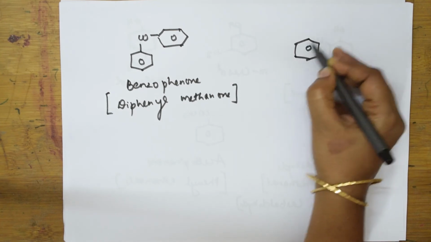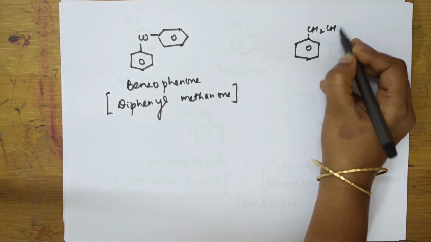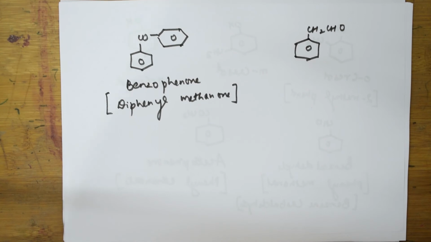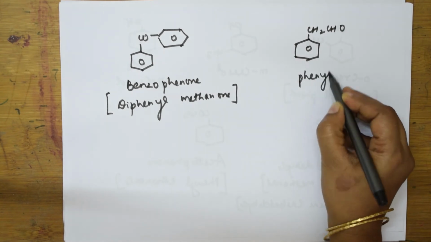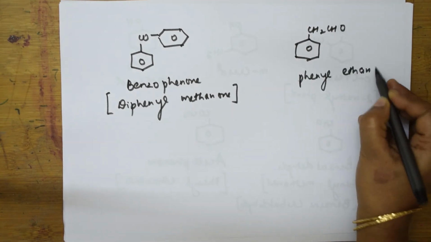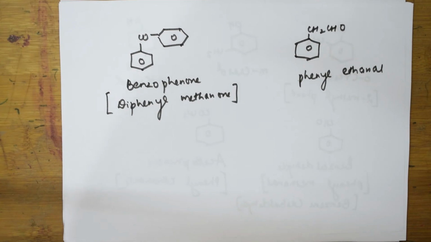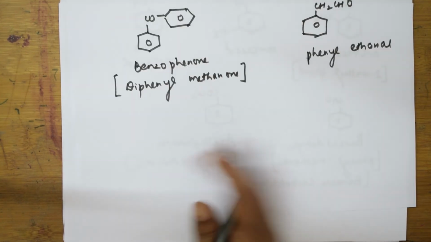Suppose I have a group like this. Whenever there is an aldehyde group attached, what do we call this? This is phenyl ethanal because it is an aldehyde group. So alcohols are over, ketones are over, aldehydes are over. Let us come to acid now.